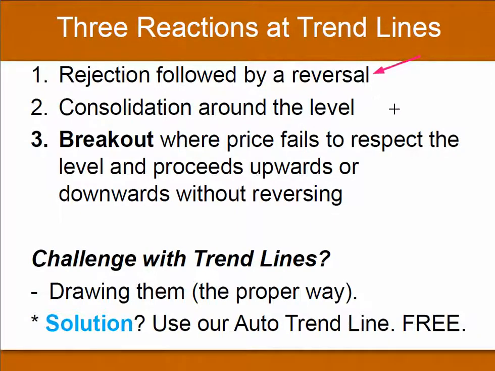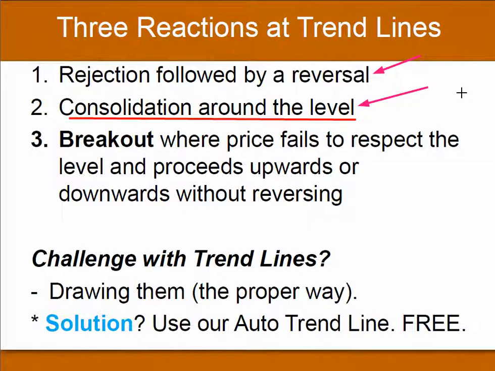Case number two, you can also project from your analysis that price will most likely just hit that trend line and consolidate around it. In other words, start bouncing up and down, up and down, waiting to break or waiting to reverse.